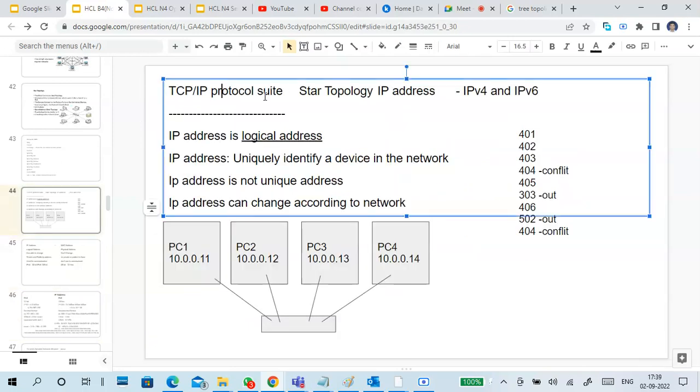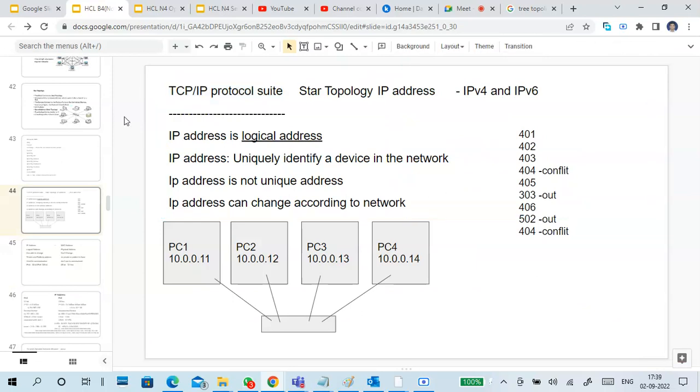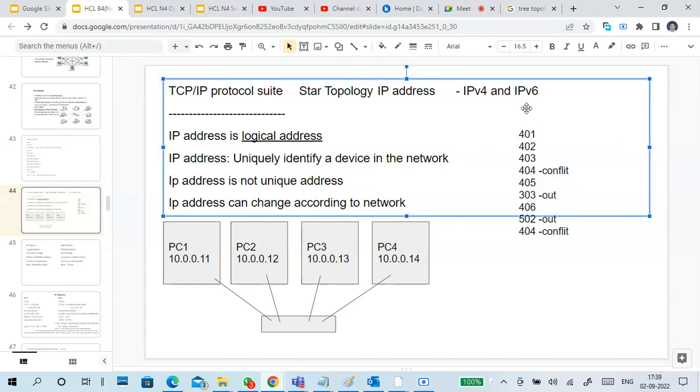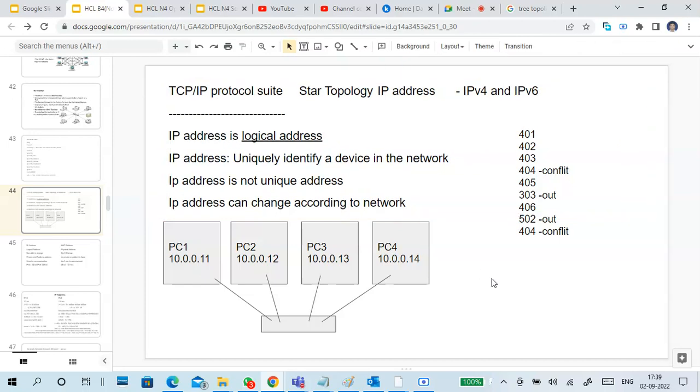Always remember this part: we are all using the TCP/IP protocol suite, not OSI, not SPX, not IPX, not AppleTalk. We are all using IPv4 and IPv6, but majorly IPv4-based networks only.